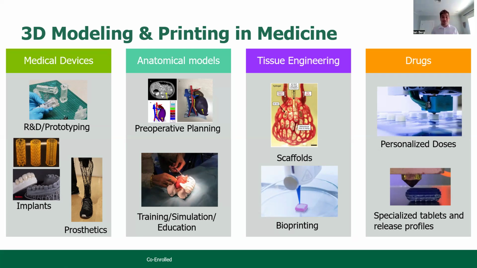So when I teach my students about 3D printing in medicine, I get to do a lot of categorization in these talks. These are the broad applications that I have found of 3D printing in medicine. The first is the one that applies to 3D printing in general: prototyping and creating physical objects, so broadly medical devices. But then also creating and printing anatomical models, either for direct use or often for training and simulation.